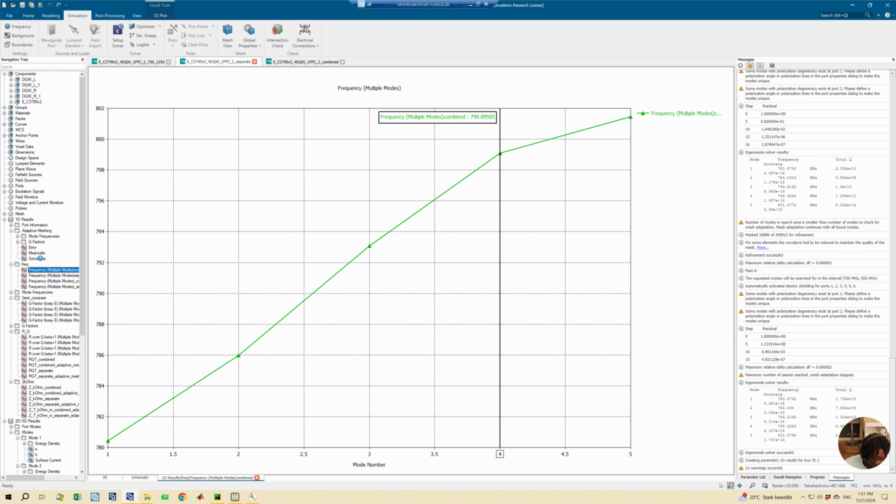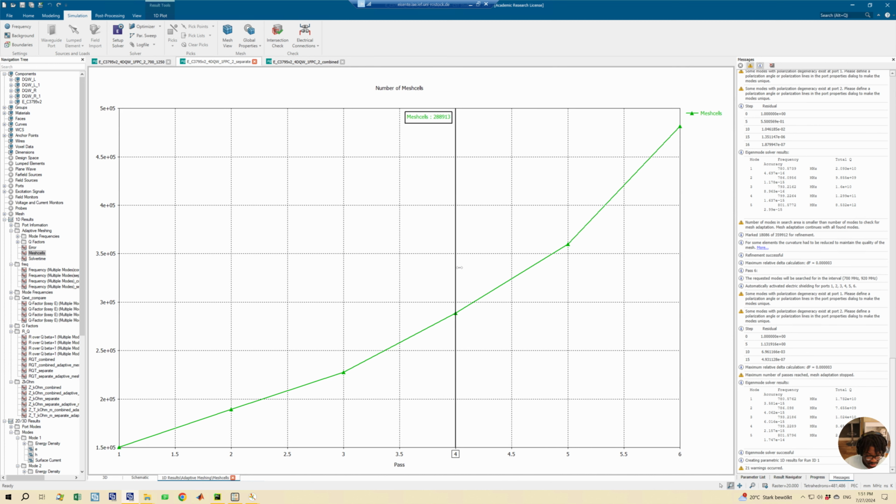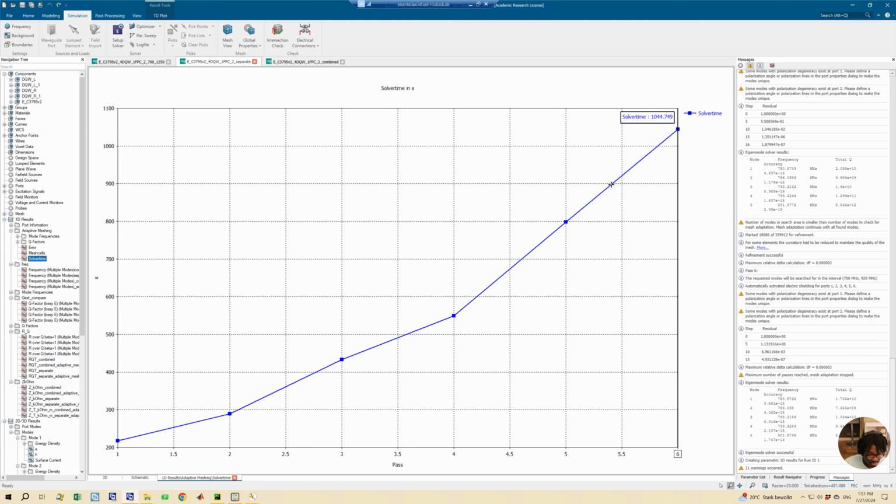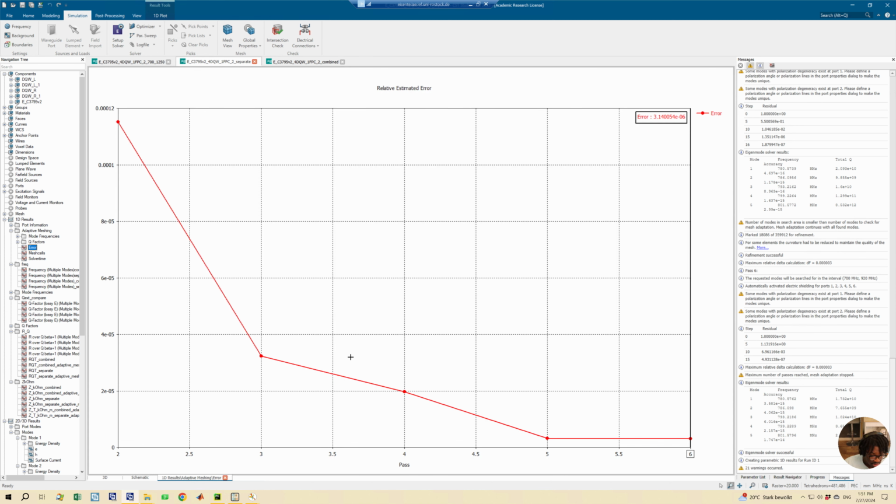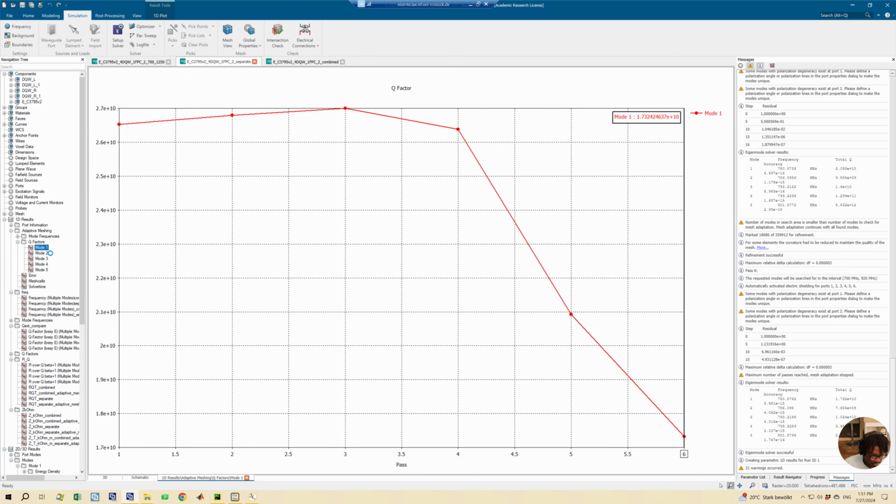So mesh cells: we started with 150,000 and now it's 480,000, so multiplied by about 3. And the solver time also increased from about 200 seconds to 1,000 seconds, and then the error of course reduces.